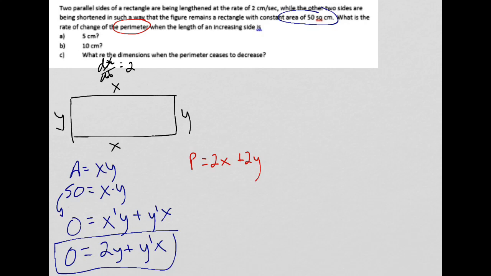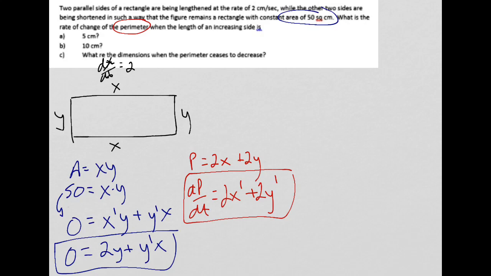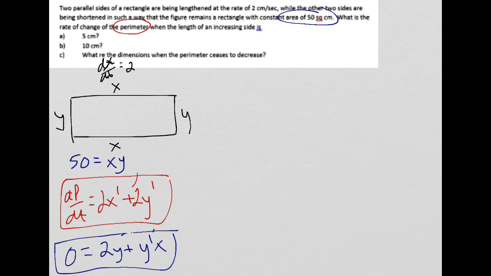And then if I derive that with respect to t, I get dp/dt equals 2x prime plus 2y prime. So I'm going to use these two equations right here. I don't think I really need any of that other stuff, so I'm going to get rid of that and save myself some space. I moved those over, and I left the equation 50 equals xy, because I think we're going to use that quite a bit as well.